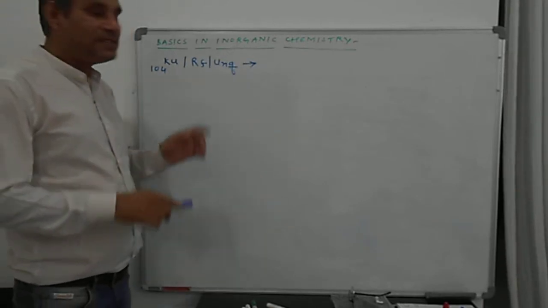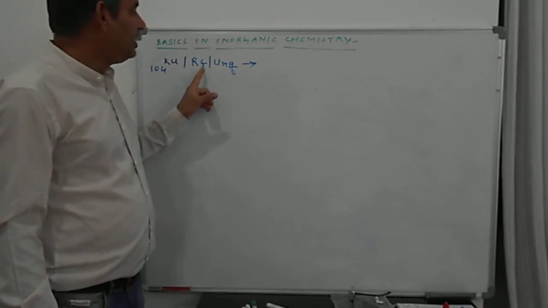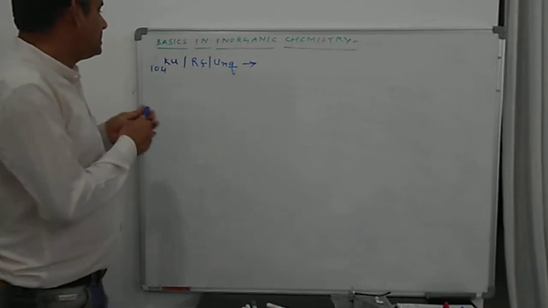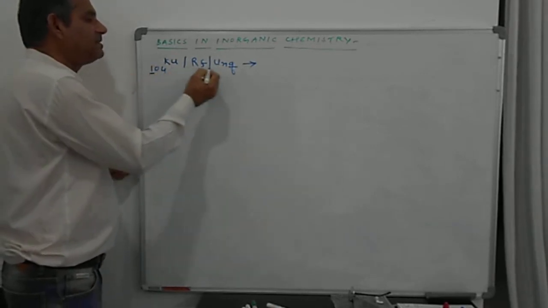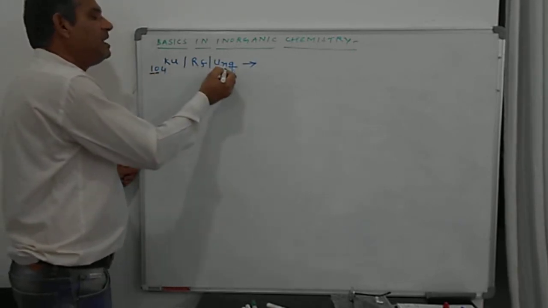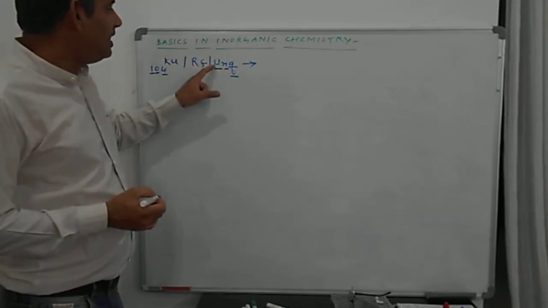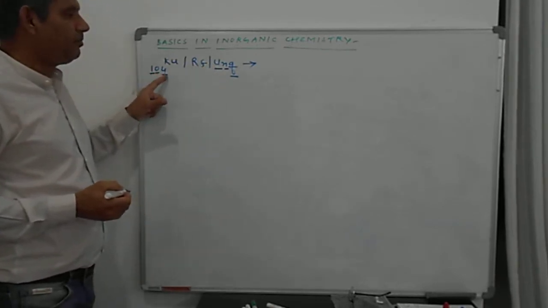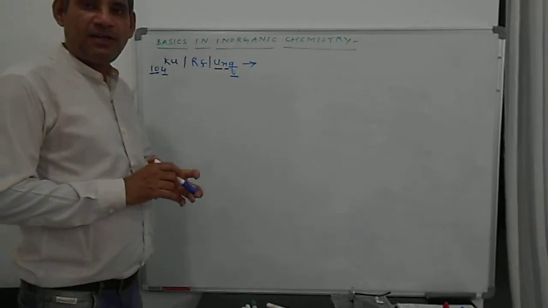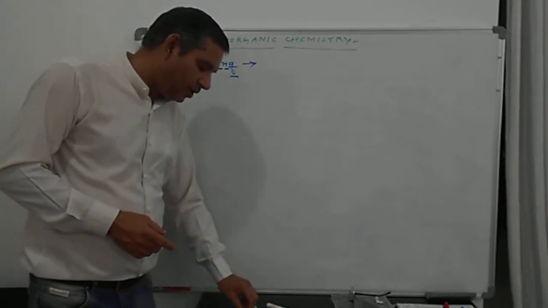Russians used to say kurchatovium, Americans used to say rutherfordium, and in IUPAC it is unnilquadium. Since the atomic number is 104, for 1 it is uni, for 0 it is nil, and for 4 it is quadium. So nilquadium, this is the IUPAC name. You know this system of giving names to elements having atomic number greater than 104.